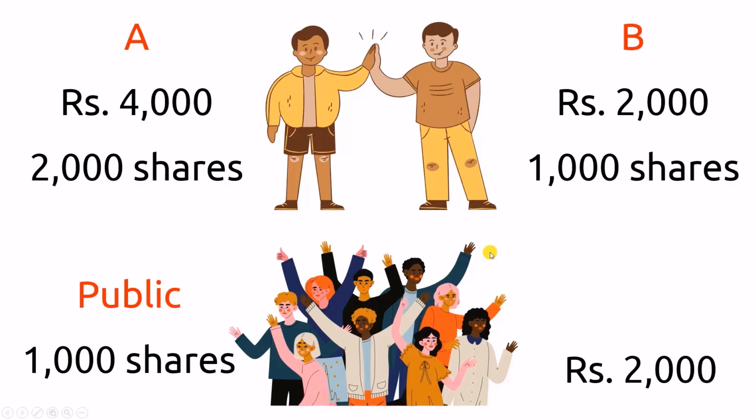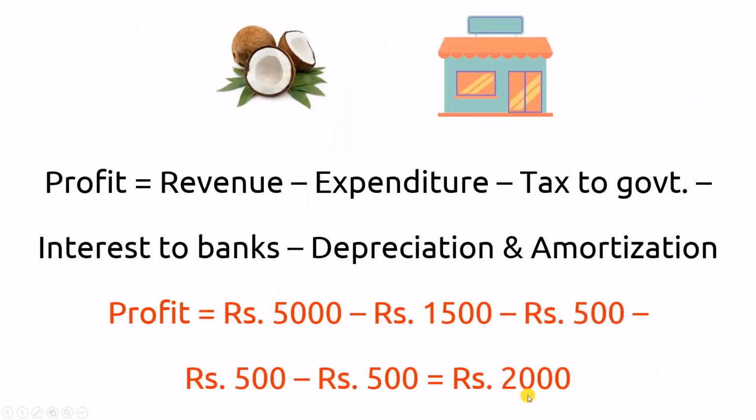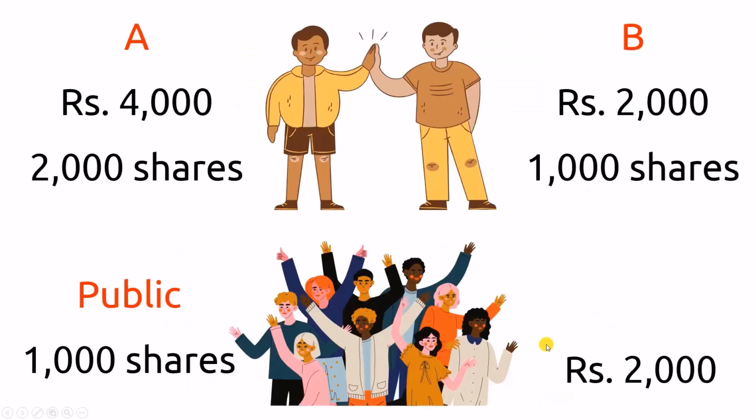Apart from this choice, the company can reinvest this 2000 rupees back into the business. Instead of giving dividend, they can reinvest back into the business, hoping to grow the business. Now, let us see if giving out dividend is better or reinvesting is better, with an example.